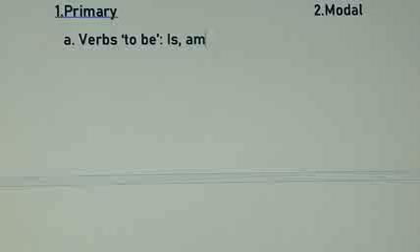The first one is verbs to be. In the verbs to be section, my dear children, we will come to know about is, am, are, was, and were.